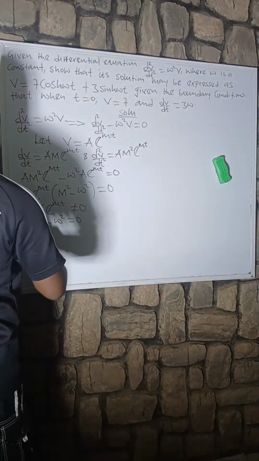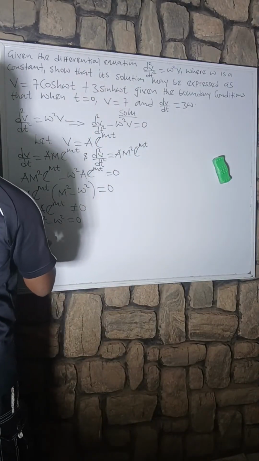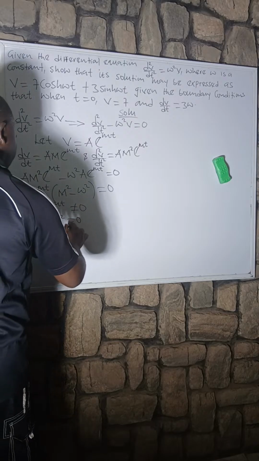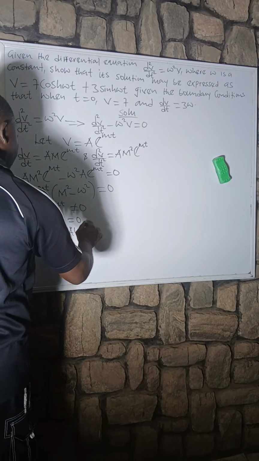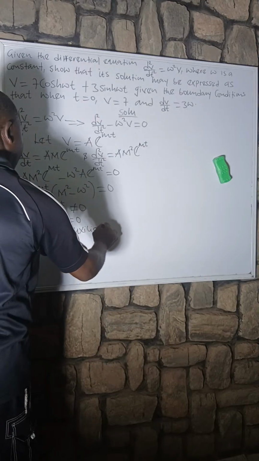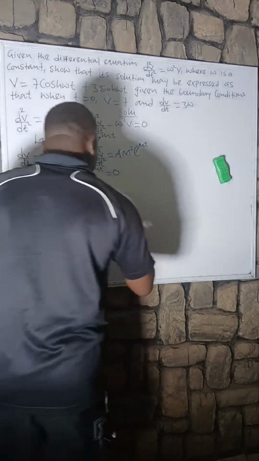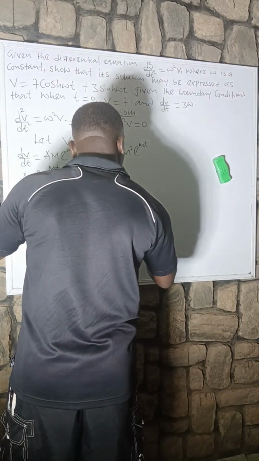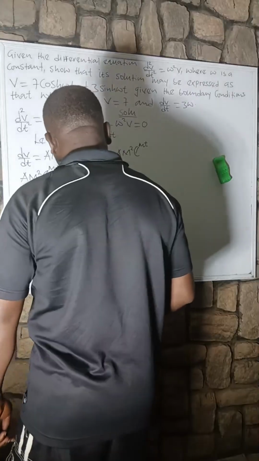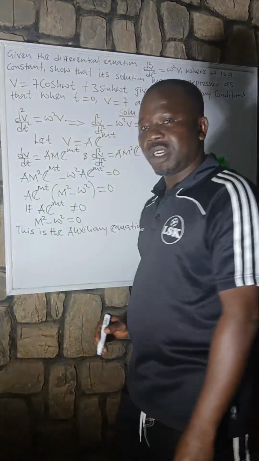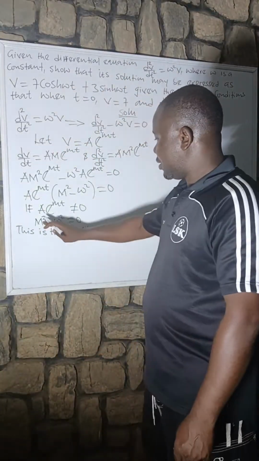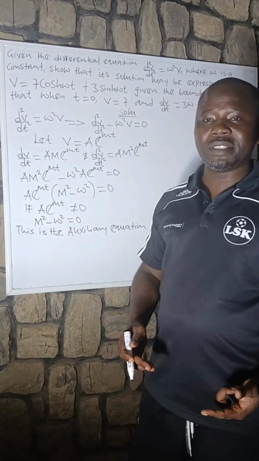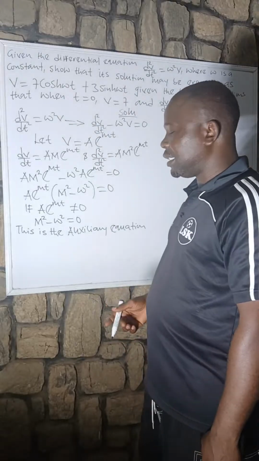This is the auxiliary equation. Do you agree with me? This is the auxiliary equation, so it's easier for us to obtain our m1 and m2.